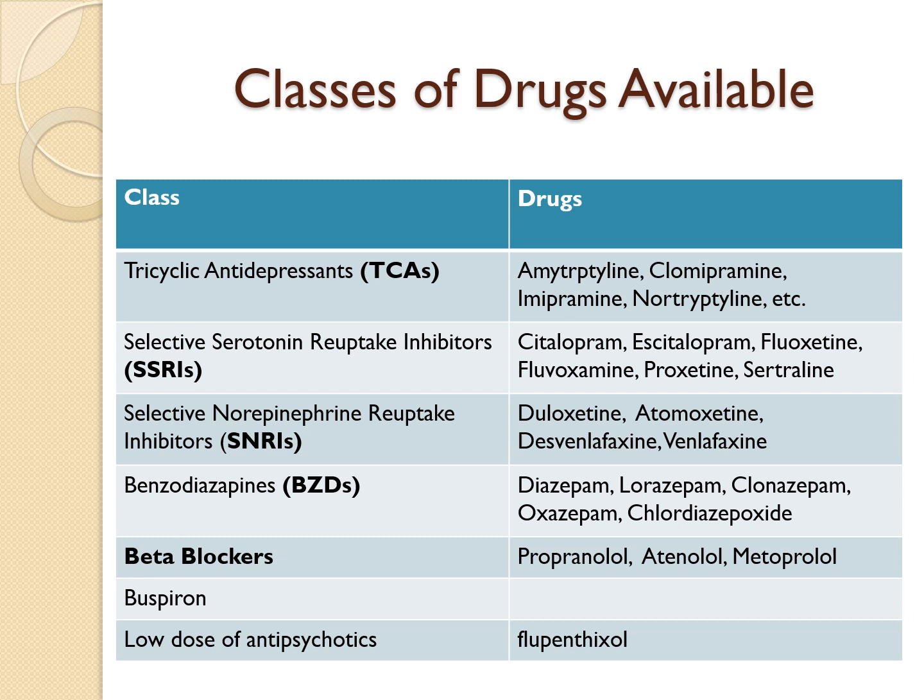The commoner TCAs which we use nowadays are amitriptyline and clomipramine. In SSRIs, the widely available drugs are escitalopram, fluoxetine, fluvoxamine, paroxetine, and sertraline. In SNRIs, duloxetine, atomoxetine, desvenlafaxine, and venlafaxine are available.